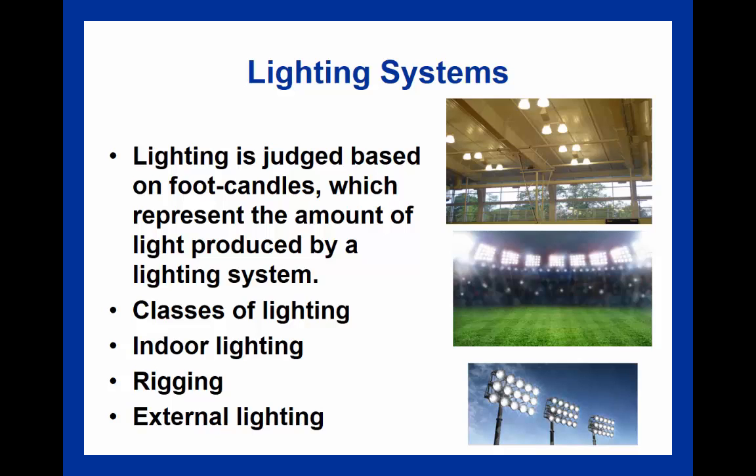How even is the light being cast onto the field? Unevenness is going to interfere with the potential quality of play, but certainly viewers who are viewing the play from the stands or other places. So the facility is going to want to guard against glare, which is where the light is reflecting or hard on the viewer's eyes.